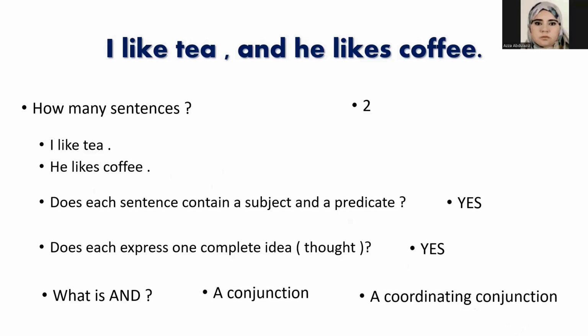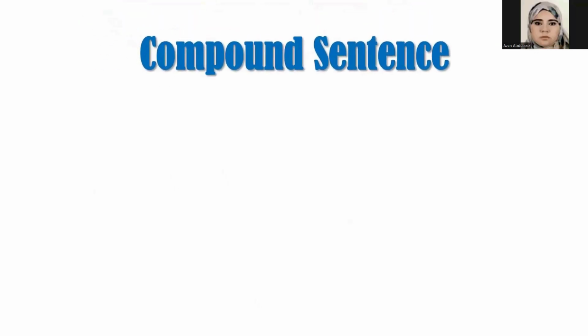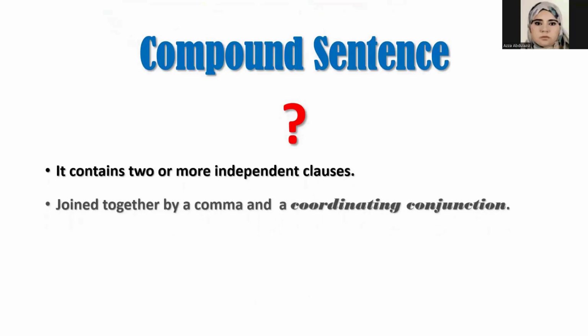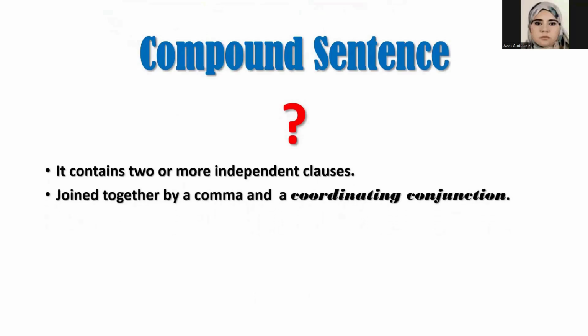That's why we call this type of sentence a compound sentence. What is a compound sentence? From what we mentioned right now, a compound sentence contains two or more independent clauses. These two clauses are joined by a comma and a coordinating conjunction. Do you know what is meant by a coordinating conjunction? Yes, they are the FANBOYS.